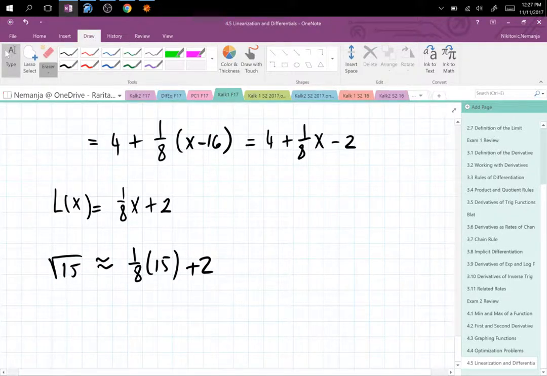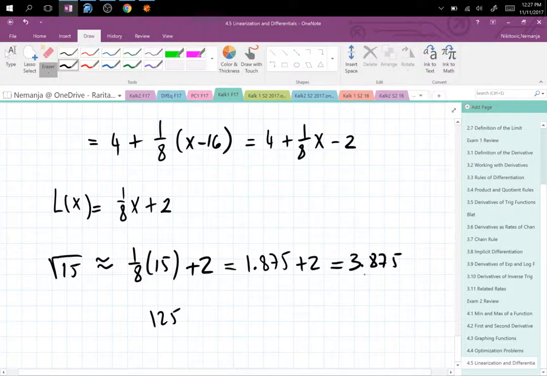So 15 over 8 is 1.875, so this better be 1 point... I need to take 125 off, right? So 1.875 plus 2 is 3.875.